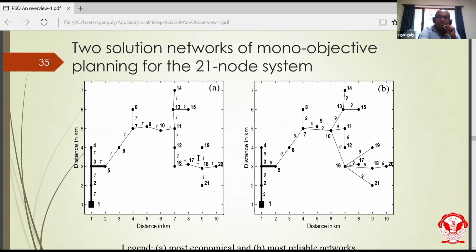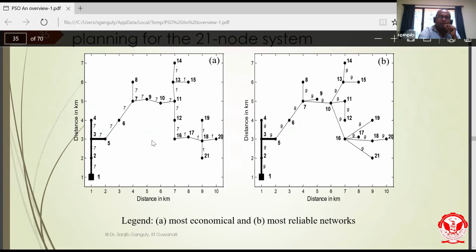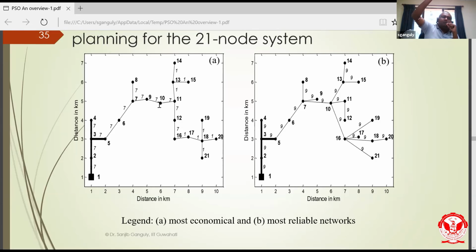This one I got from case A, and this one from case B. In case A, the objective function was minimization of total cost, and in case B, the objective function was reliability improvement. So this is the most economical network, and this is the most reliable network that we got from this PSO.